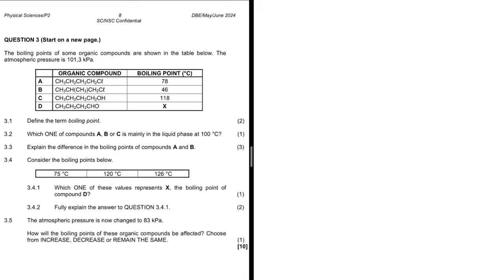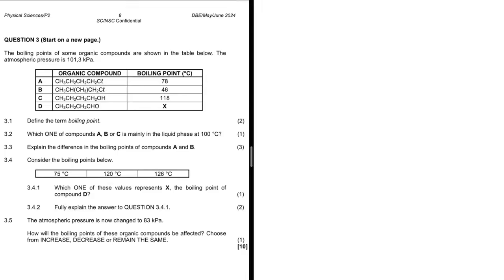My grade 10 learners can answer this question, but let's take a look and see what is happening. So we have organic compounds A, B, C, and D, but we are only concentrating on A, B, and C as our question instructs. So the question is, which compound of these three is mainly in the liquid phase at 100 degrees Celsius? Right, so it must not be a gas at 100 degrees Celsius. It must not have boiled at 100 degrees Celsius.